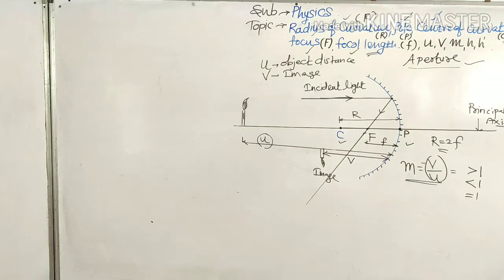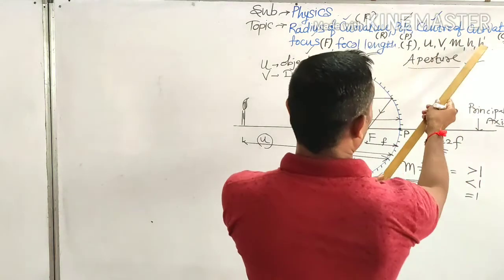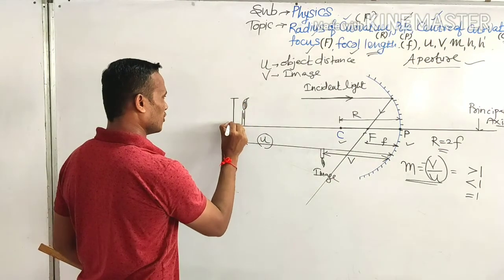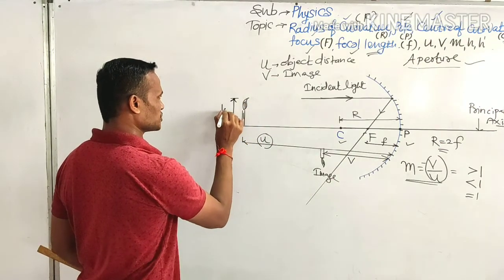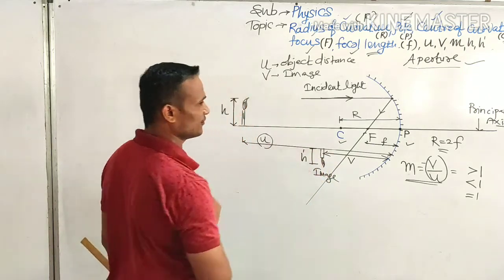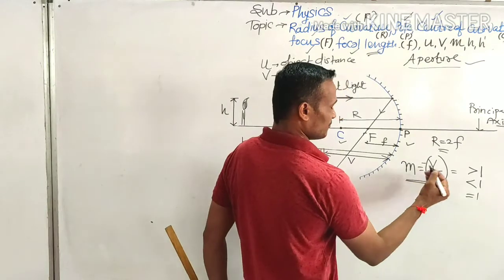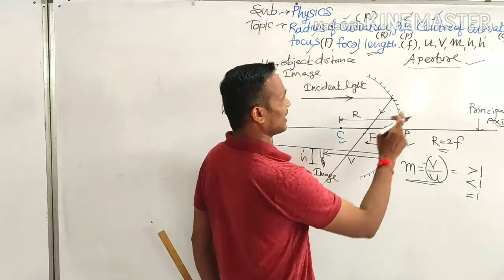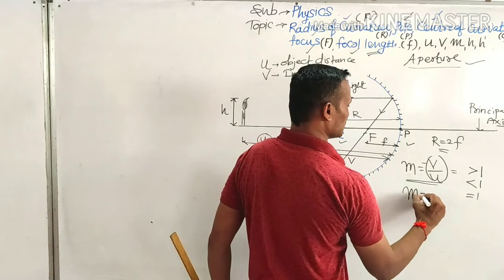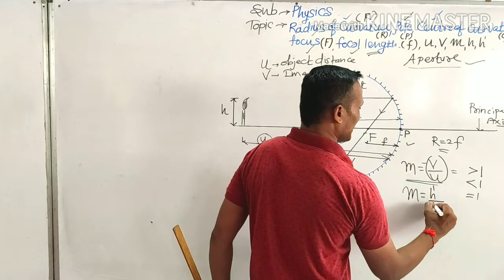And one more thing, you can see here, that is h and h dash. h is nothing but the height of the object. This is h, and h dash is nothing but the height of the image. So magnification formula we can even write in terms of h and h dash. So magnification becomes h dash upon h.